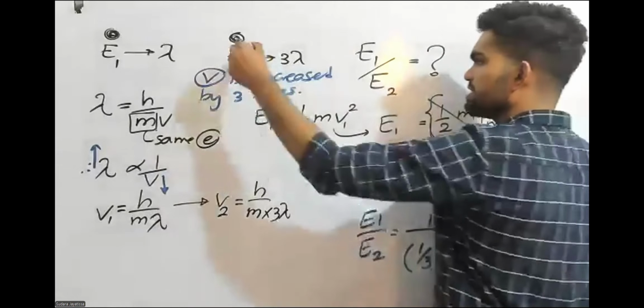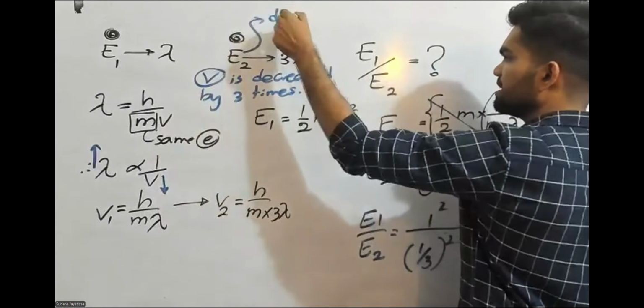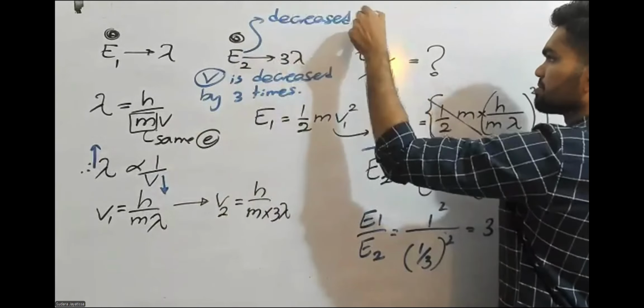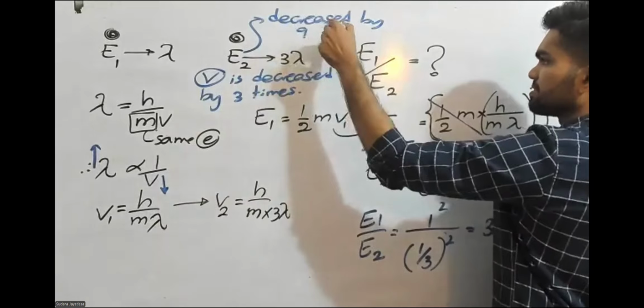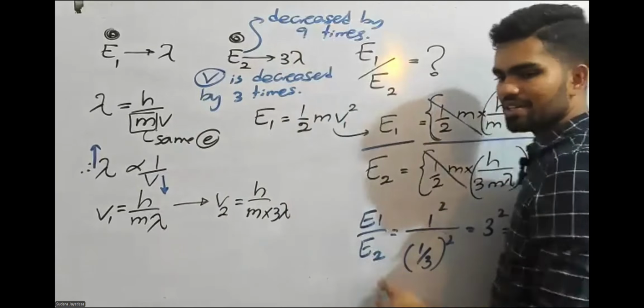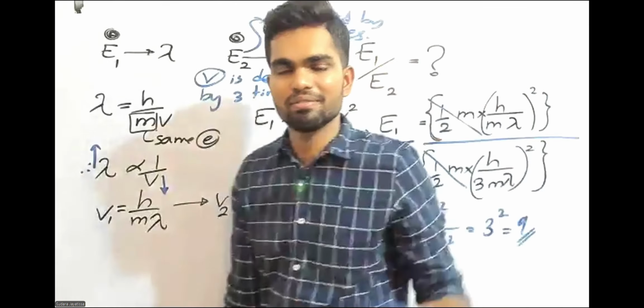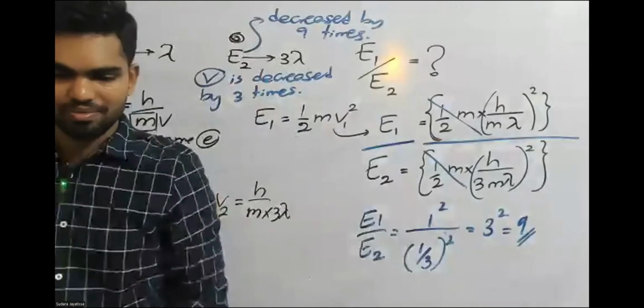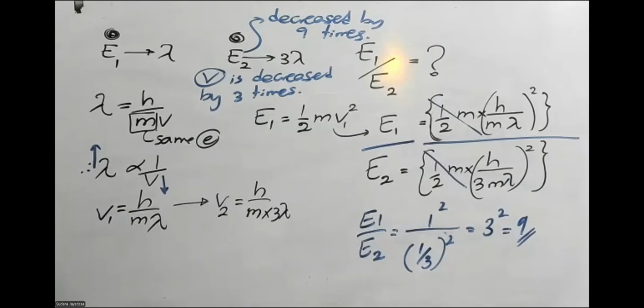Okay, so therefore this E2 is decreased by what? 9 times. Okay, you can simply think also without writing any lengthy formulae or anything, right? You can just think and get it.